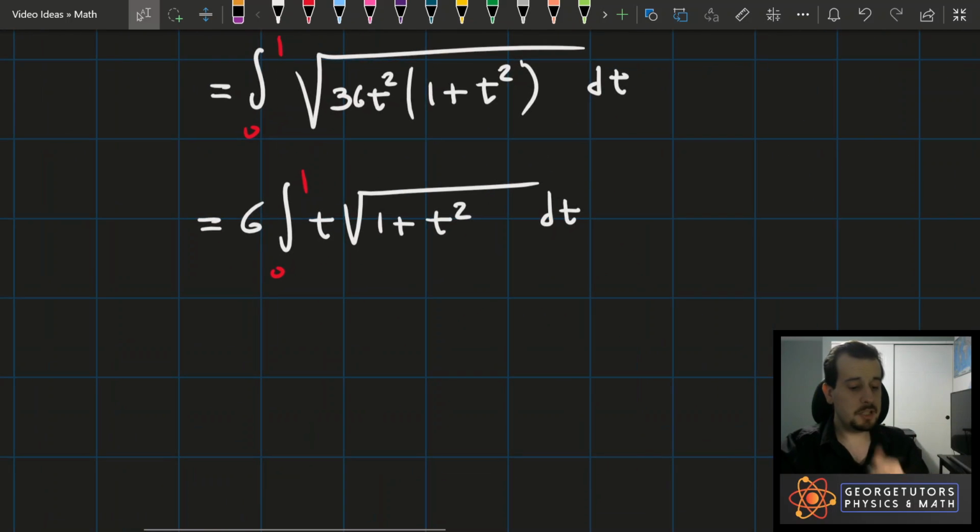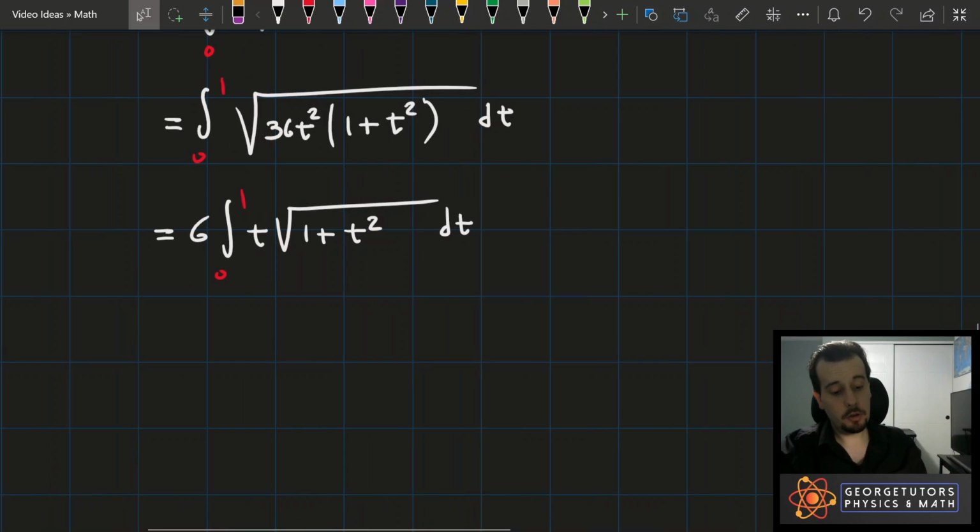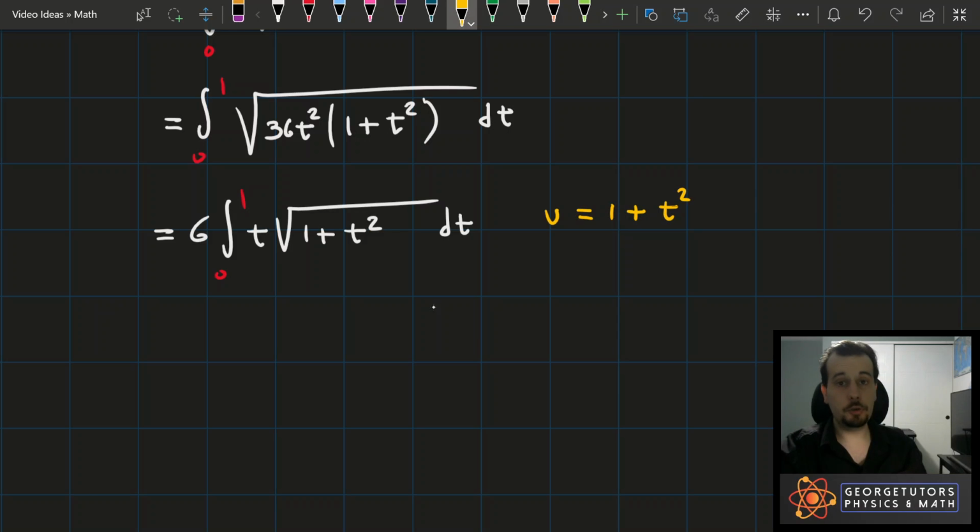You might think this one is intimidating because, again, of the square root, but really a simple u sub right now will take care of this. All we have to do here is do a little u substitution for 1 plus t squared, because this guy's derivative, or at least part of it, is right here sitting on the outside.